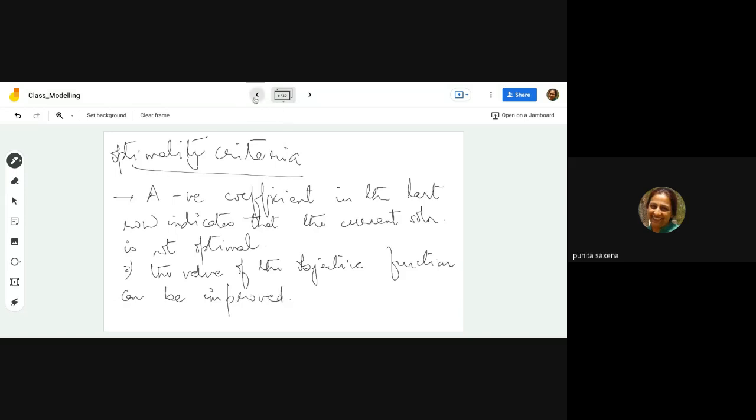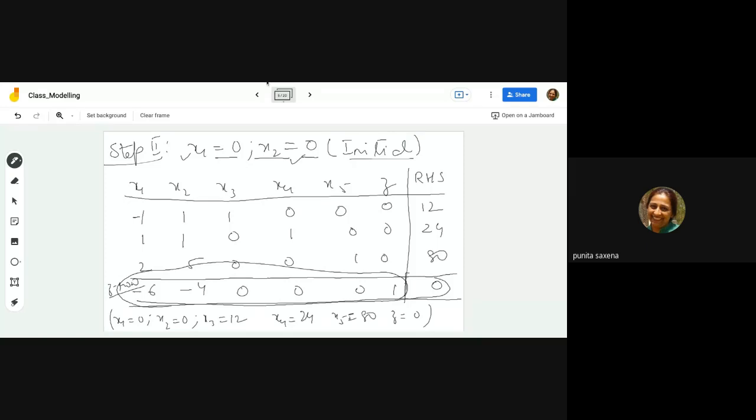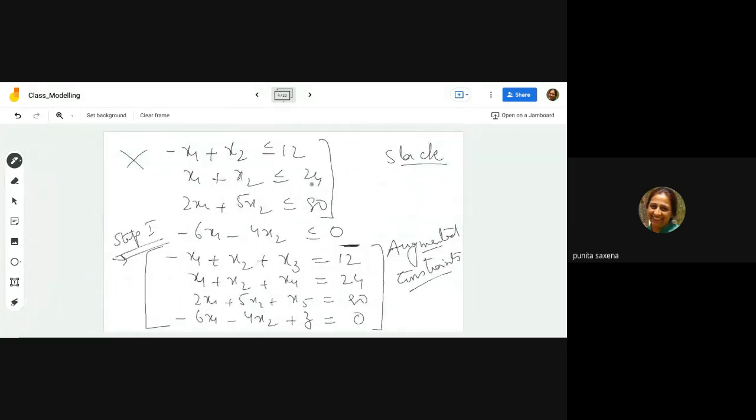Okay, now come back to our linear algebra. After augmenting and converting it into equations, just forget about the last row here. In the constraint set, how many equations do you have now?